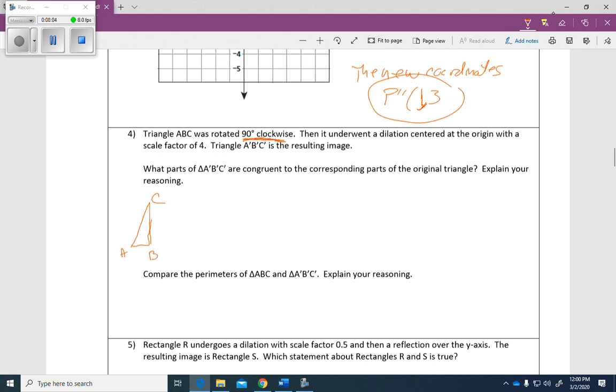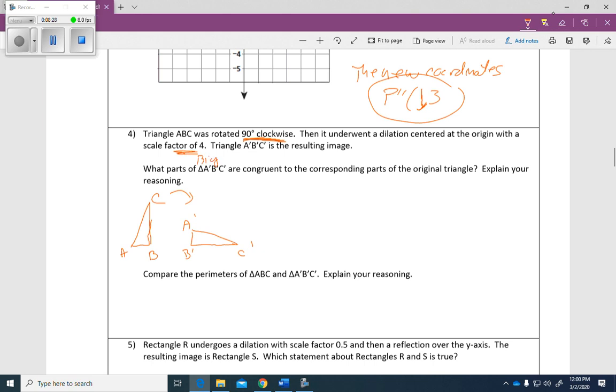And if I go 90 degrees clockwise is that way. It's like this triangle is now going to lay down. So this would be like my C prime. This would be my A prime and my B prime. And it then underwent a dilation with a scale factor of 4. Oh, a scale factor of 4 makes it bigger.